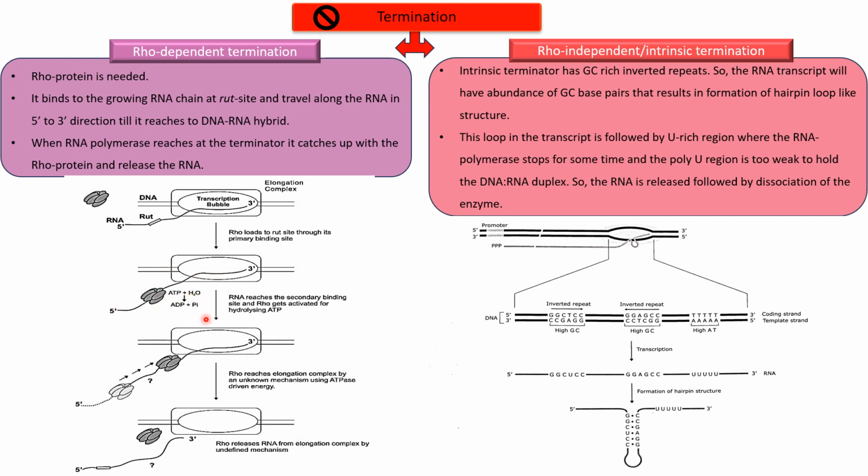Energy is required in this step, which is provided by the ATP hydrolysis process, and it reaches the DNA-RNA hybrid. When the RNA polymerase reaches the terminator, Rho protein catches up with it and releases the developing new RNA chain, which is followed by the dissociation of RNA polymerase enzyme. In this way, the transcription process terminates.